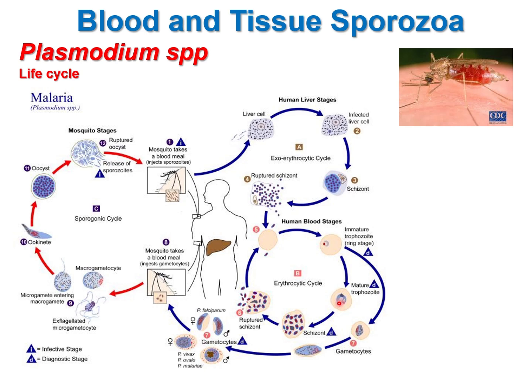The ring stage will mature into a trophozoite stage, then into a schizont stage that will contain different numbers of merozoites according to species. Rupture of these schizonts will liberate more merozoites to infect new RBCs, and another erythrocytic cycle begins.